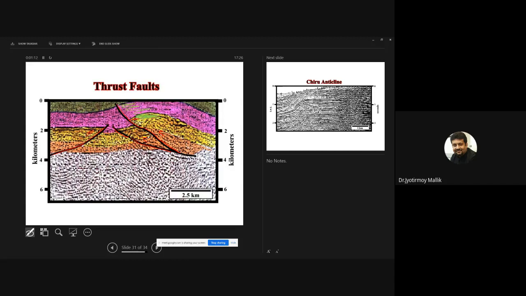That would be a trap, and this will go all the way up to maybe here. I don't know because this is pretty much straight. So perhaps a trap will develop here. Some trap can develop here. These could be your potential areas for hydrocarbon accumulation.